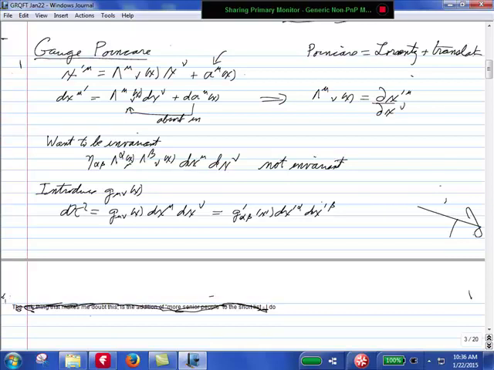Okay, so this guy is now our volume element for arbitrary coordinates, because I've started from locally flat, gone to arbitrary coordinates. So there's our invariant volume element.